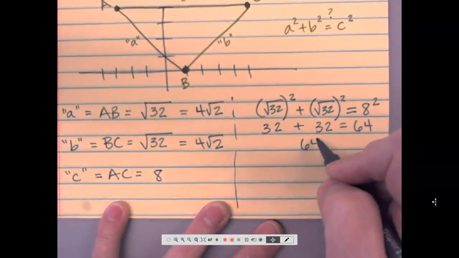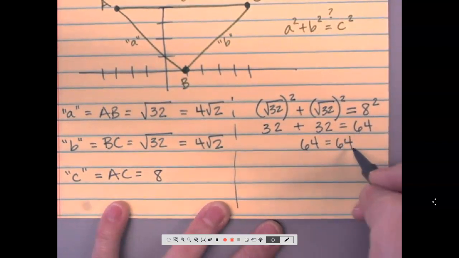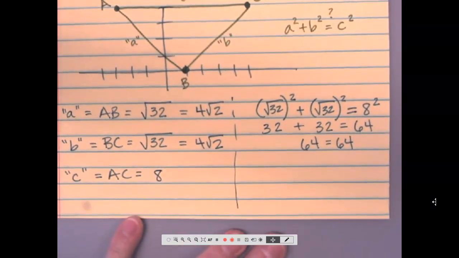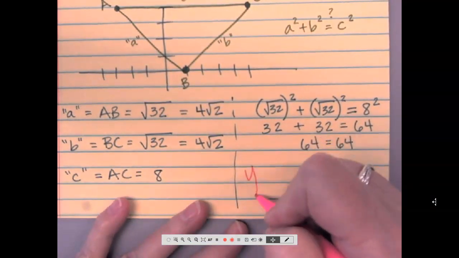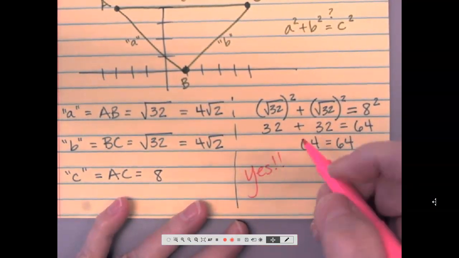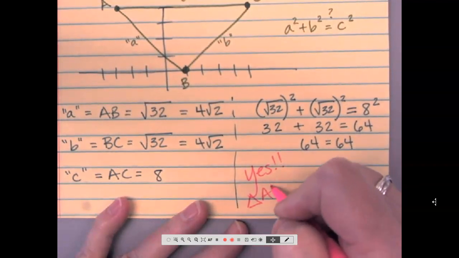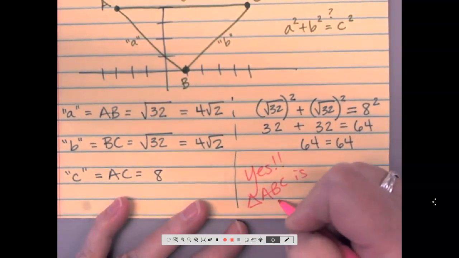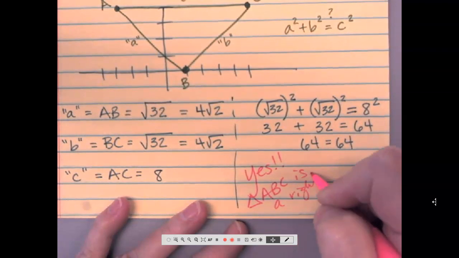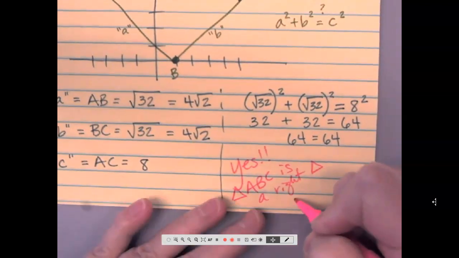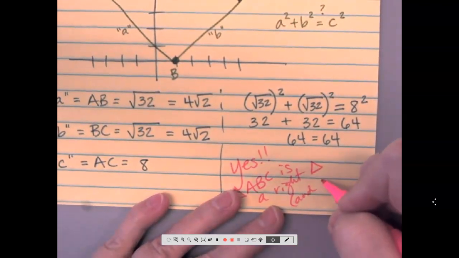Well, look at that. 64 equals 64. So what is my answer? Yes. Happy day. Triangle ABC is a right triangle. And isosceles.